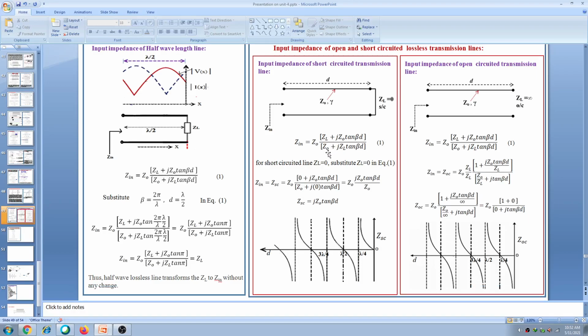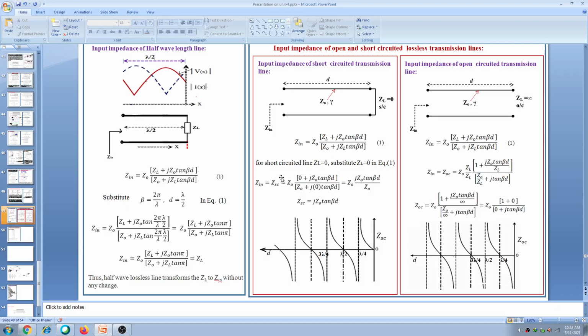In such a case, what is the general expression for the input impedance of a short circuited transmission line? The length may be anything, so you take the general equation of input impedance and substitute ZL equal to 0, with length D of any value.